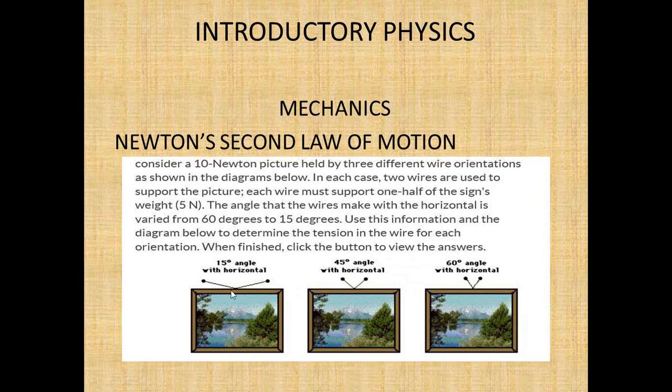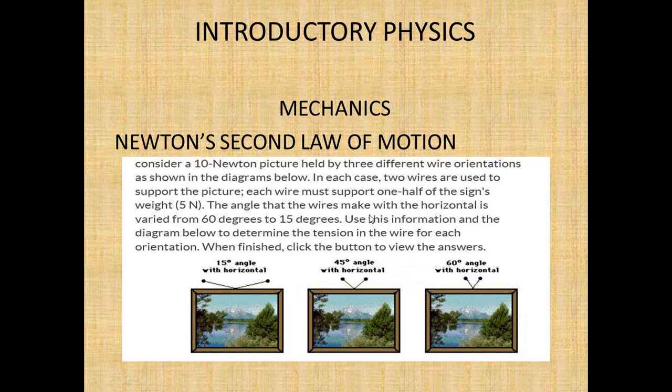So 2 wires used to support the picture. Each wire supports 1/2 of the sign weight. So the total frame is 10 newtons, so each wire is going to support 5 newtons.